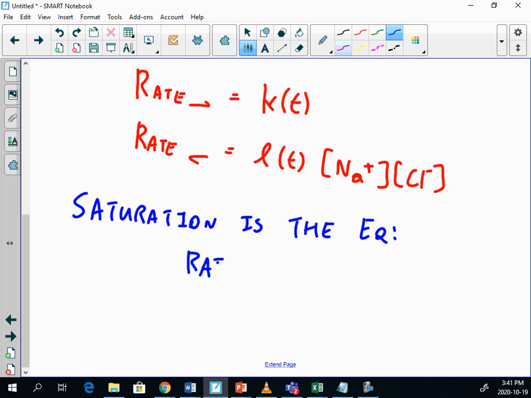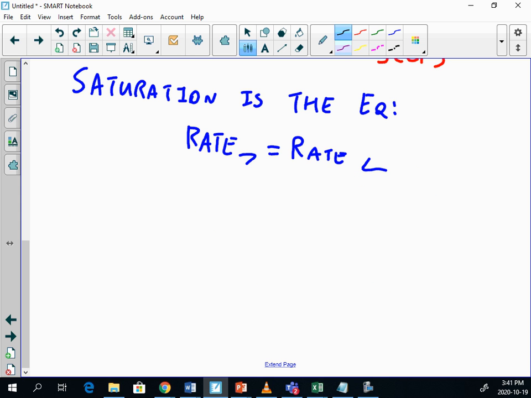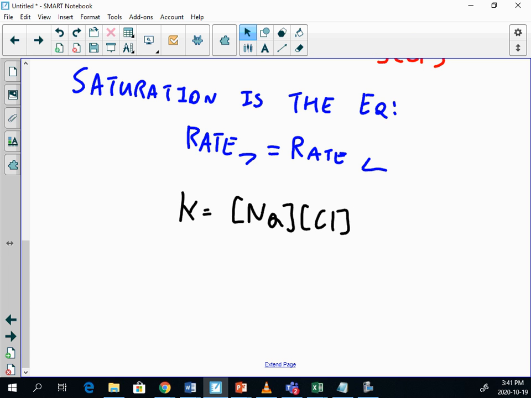Which means that just like we did for a chemical reaction, we can describe this physical process of dissolving something in water using the expression K equals the concentration of Na+ times the concentration of Cl-. I've got a special name for the K in this case. Where we talked about Keq in the past chapter, the equilibrium constant, we're going to talk about Ksp, the solubility product constant.